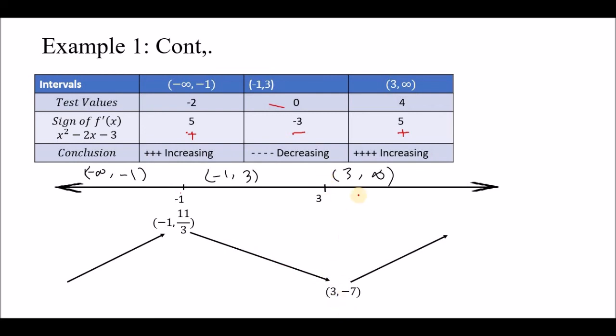And then on the interval 3 to positive infinity, I drew another line that goes upwards because the function is increasing on that interval. So that will give me an idea of which critical point is actually a relative maximum and which critical point is a relative minimum. In this case, I noticed that -1 and 11/3 is a relative maximum, and 3 and -7 is a relative minimum.